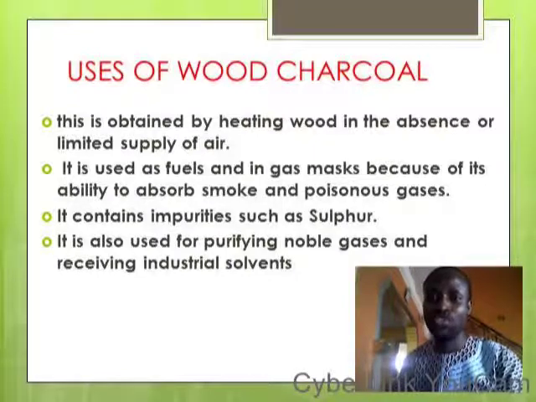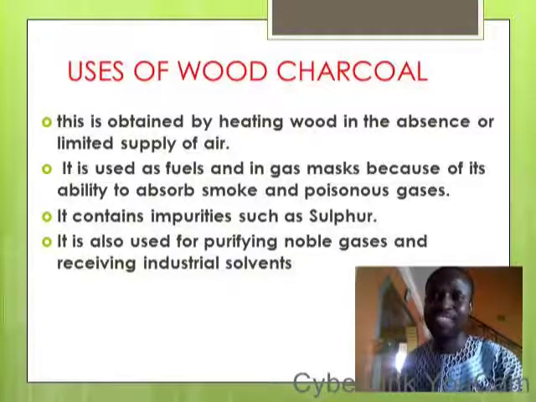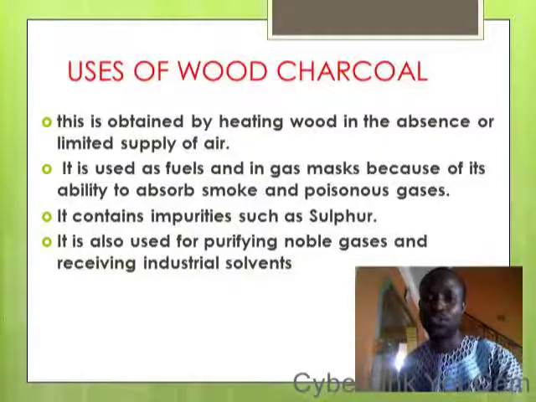It is used in gas masks because of its ability to absorb smoke and poisonous gases. It contains impurities such as sulfur. It is also used in purifying noble gases and in recovering industrial solvents.